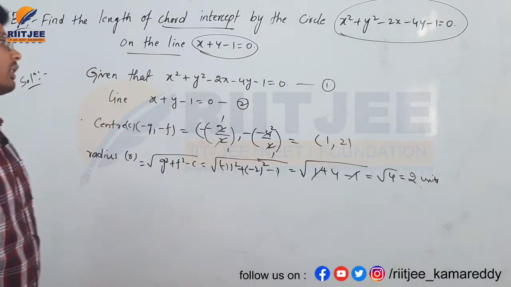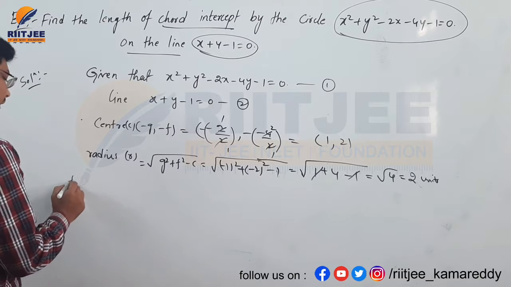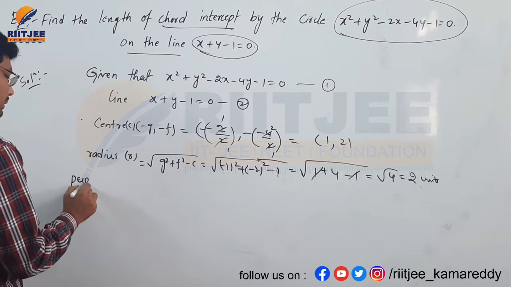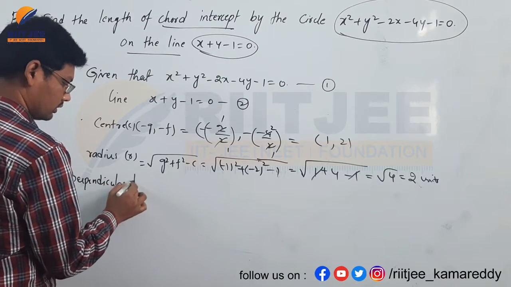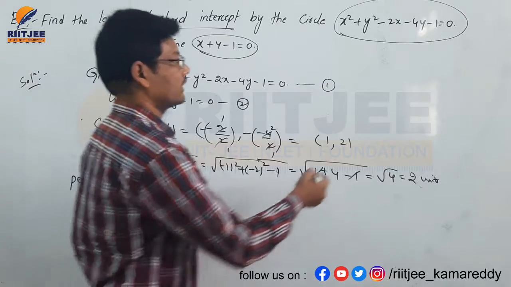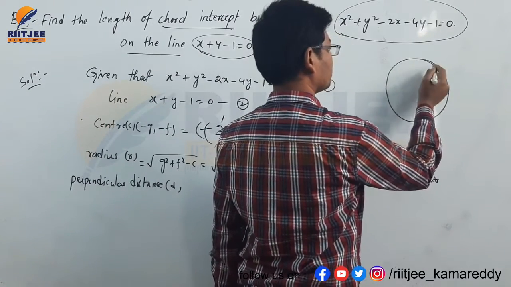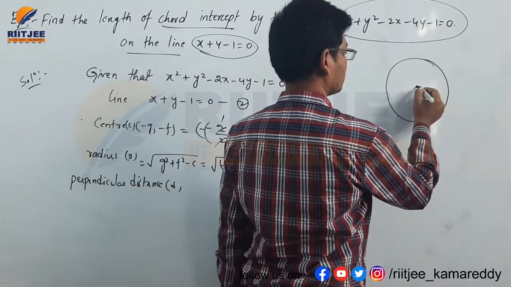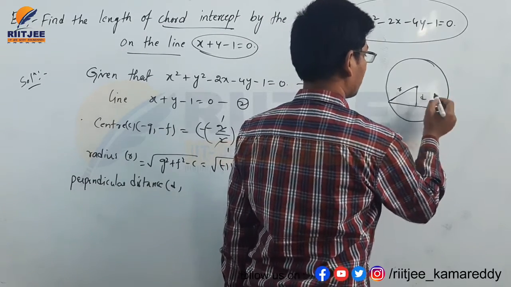Radius equal to 2 we got, and here we require the perpendicular distance D. Here I am drawing a circle. This is R and this is the perpendicular distance.